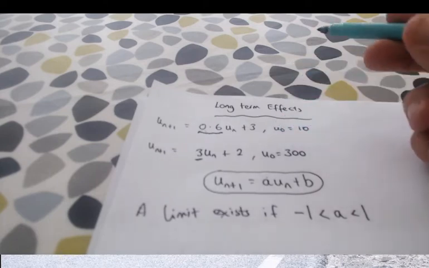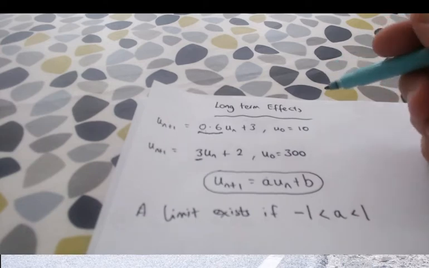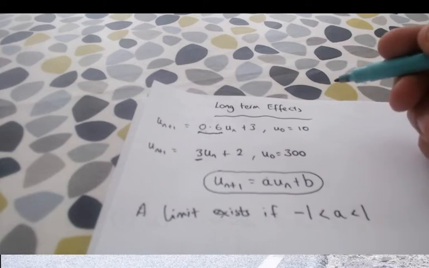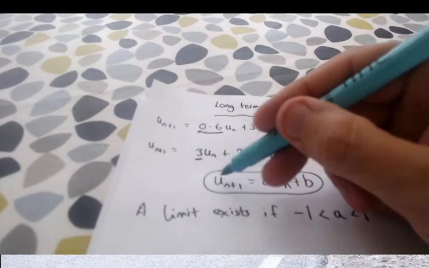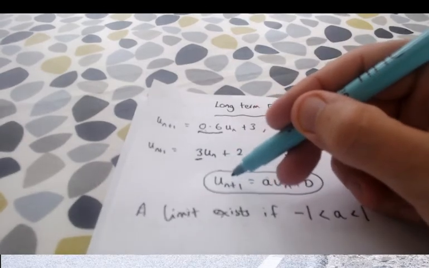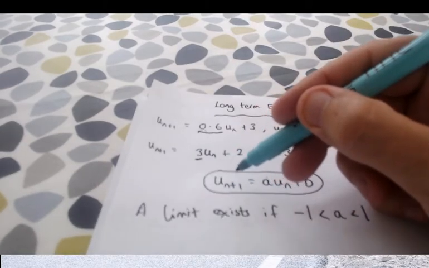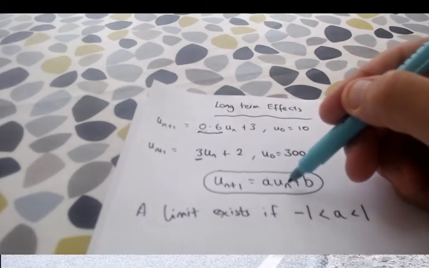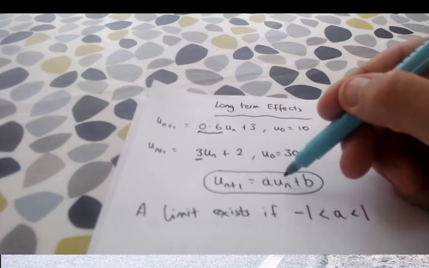Now that might be u100, it might be u101, u102, u103, u104, they're all going to be 7.5. So what I can say is that u101 and u100 both equal that 7.5. They both equal the limit of the recurrence relation.